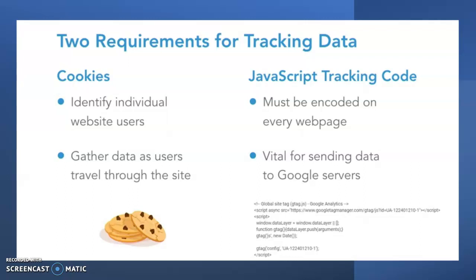It's basically a global site tag, and you will copy and paste this code into the head area of your HTML. This code is used to track your site, and then you can go back to Google Analytics and look at that data that is being pulled from your site.